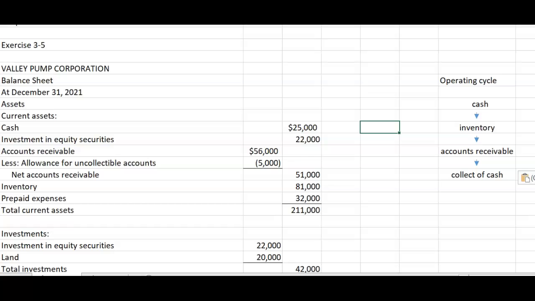You'd be able to determine how liquid the balance sheet is, their ability to pay their bills on time, and their long-term solvency.